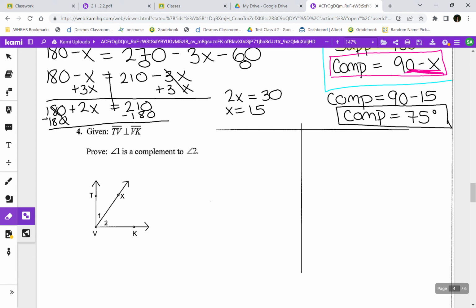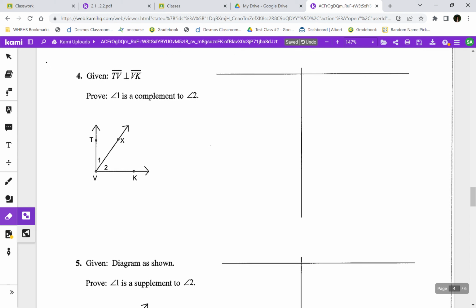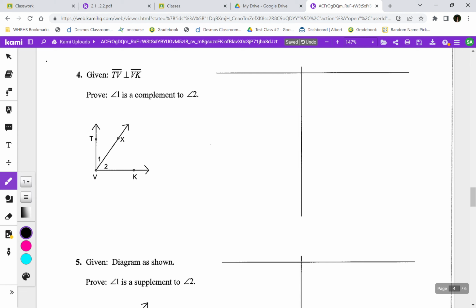Anybody still copying that? I can erase, okay. Erase some of this. Okay, so here we have segment T, oh, sorry, let's go write out our given statements, reasons.